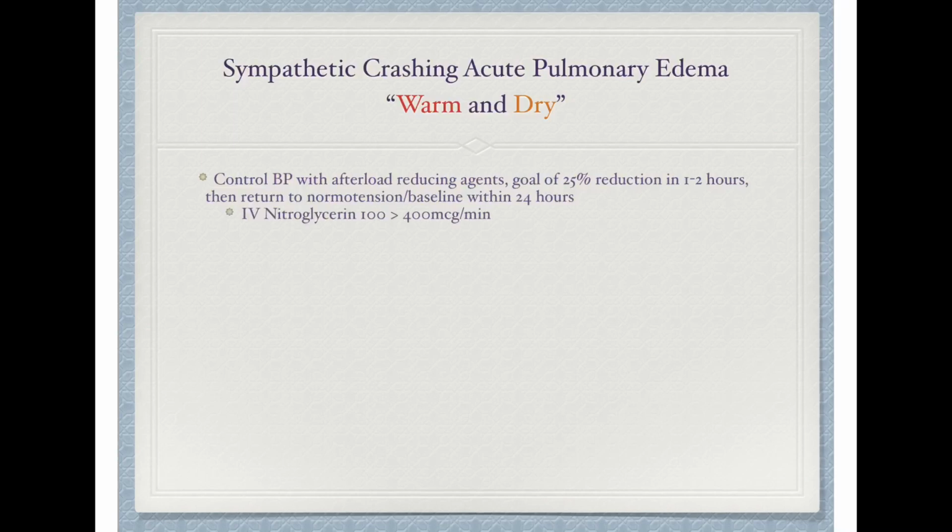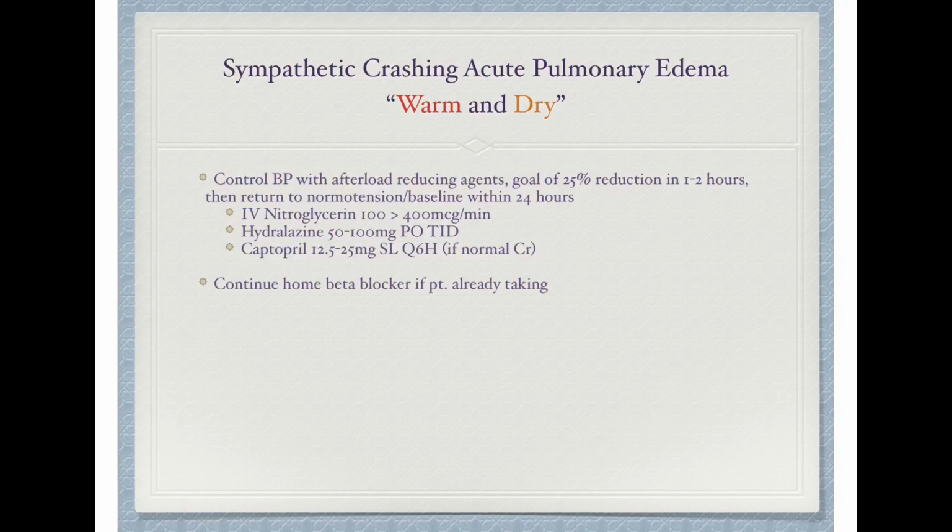Some of the agents we use to achieve this are IV nitroglycerin, PO hydralazine, and sublingual captopril, which is a very effective short-acting ACE inhibitor, which is ideal in patients without significant renal impairment and with normal potassium levels. Rather than reducing or stopping the patient's home beta blocker, you would continue their home beta blocker at full dose, since your goal is actually to reduce the sympathetic tone of the patient.